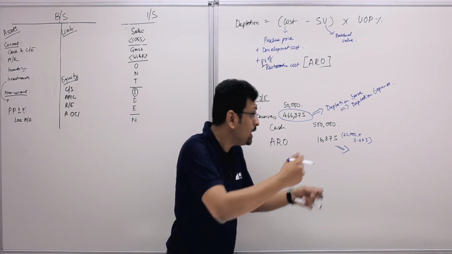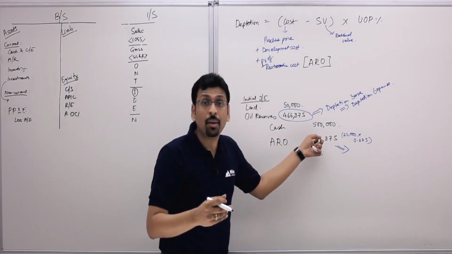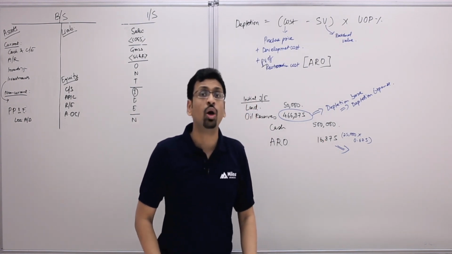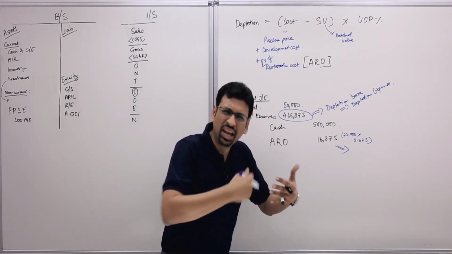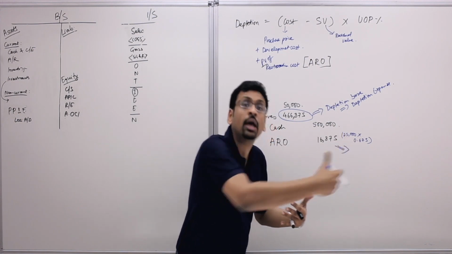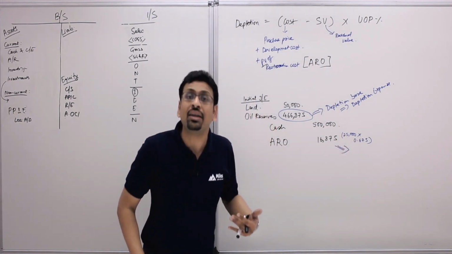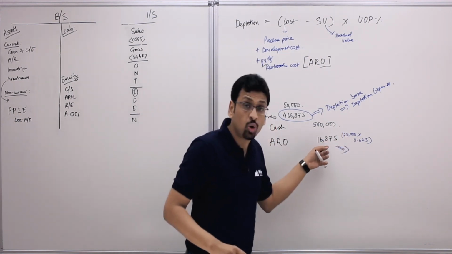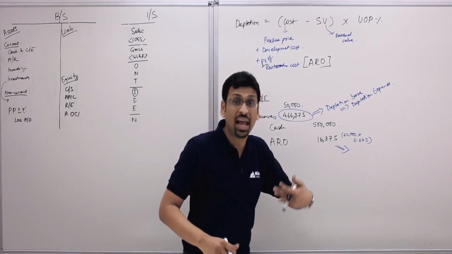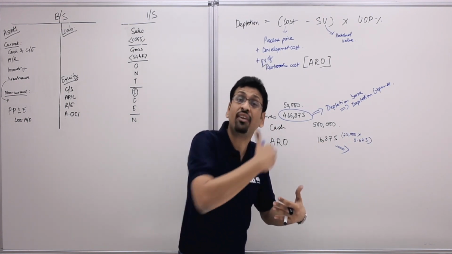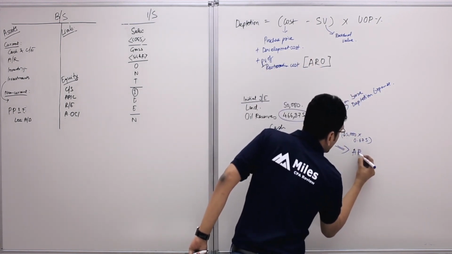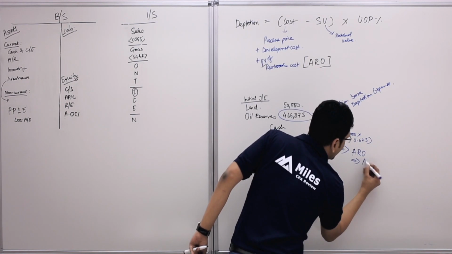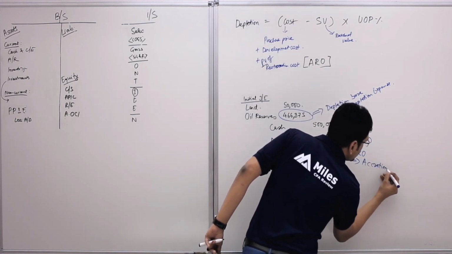We're going to grow it so that this liability number becomes $25,000 after 10 years. So you got to add to it something like an interest expense so that it grows. Now this is called an accretion expense. So we're going to grow the 16,875 of liability right now to $25,000 in 10 years. So this is for ARO and this results in accretion expense.